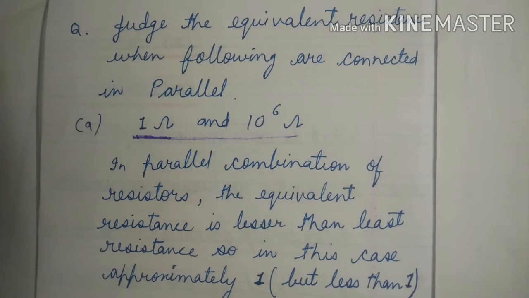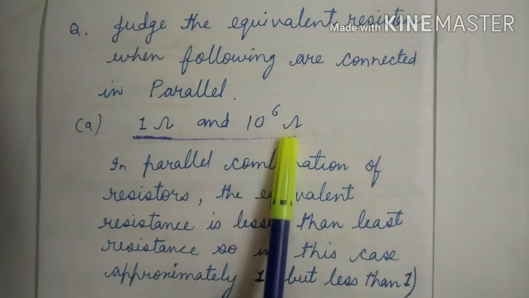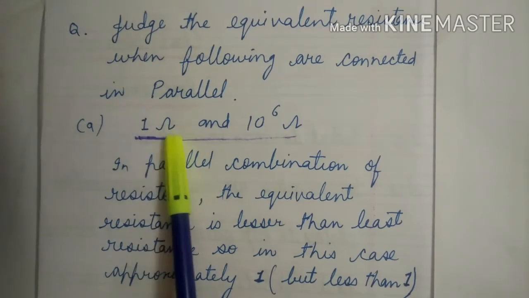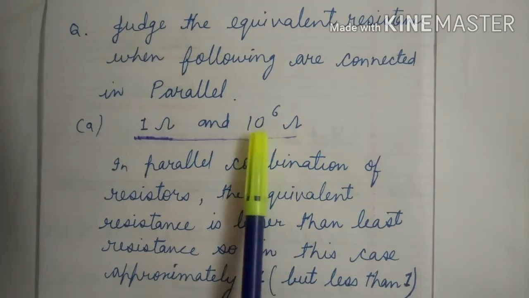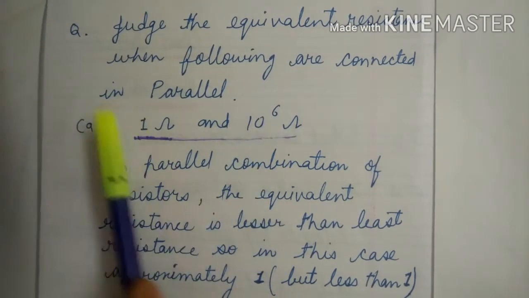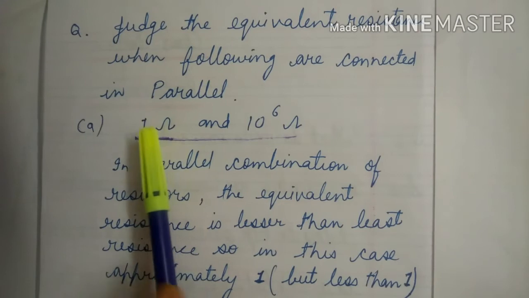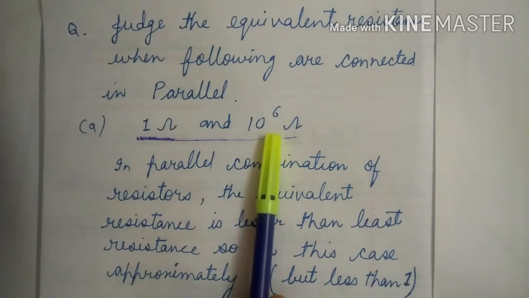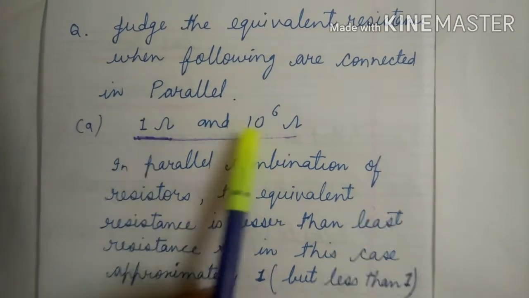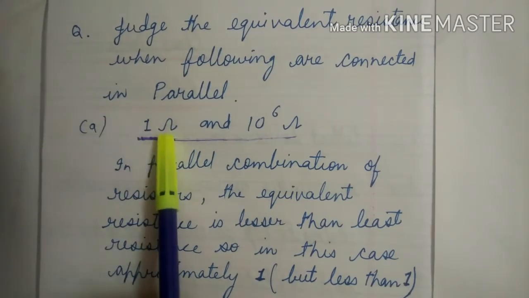Judge the equivalent resistance when the following are connected in parallel: 1 ohm and 10 raised to power 6 ohm. हमारे पास रेसिस्टर्स दिए हुए हैं जिनका रेसिस्टेंस है 1 ohm and 10 raised to power 6 ohm. और in the question it is asked that what will be the value if we connect them in parallel combination. कि अगर हम इनको पैरेलल कॉम्बिनेशन में कनेक्ट करते हैं तो इनका इक्विवेलेंट रेसिस्टेंस हमें क्या मिलेगा. पैरेलल कॉम्बिनेशन में जिस रेसिस्टर का रेसिस्टेंस लो होता है, हमारी इक्विवेलेंट रेसिस्टेंस की वैल्यू भी उससे कम मिलती है.